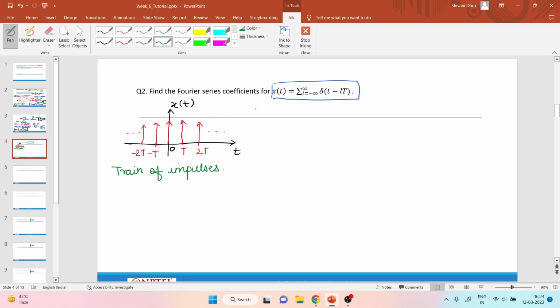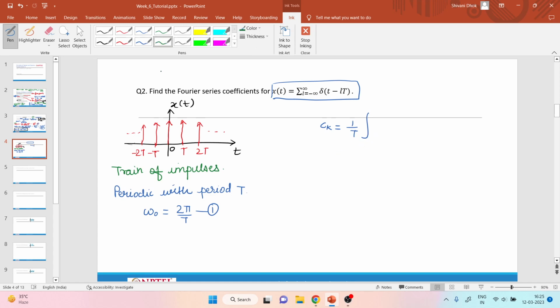And this x of t is periodic with period T. Therefore, the angular frequency omega naught is simply 2 pi by T. Now we need to find the Fourier series coefficient Ck, which is equal to 1 by T integral over some period.